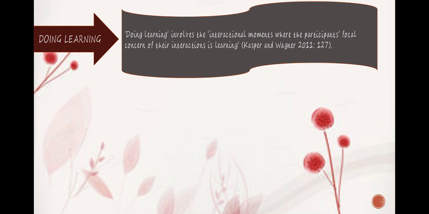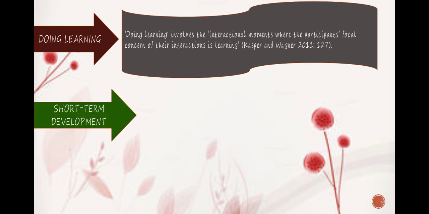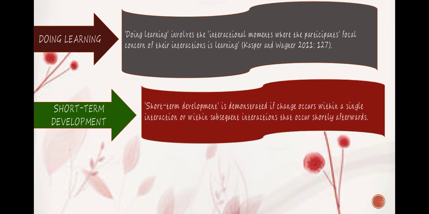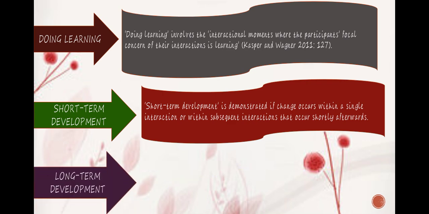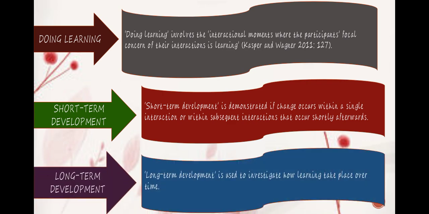So doing learning is how learners, in their conversational patterns, engage in explicit learning events. And then the next theme is short-term development. It means that short-term development is demonstrated if changes occur within a single interaction or within subsequent interactions that occur shortly afterwards. And the last theme is long-term development. Long-term development is used to investigate how learning takes place over time. Okay?